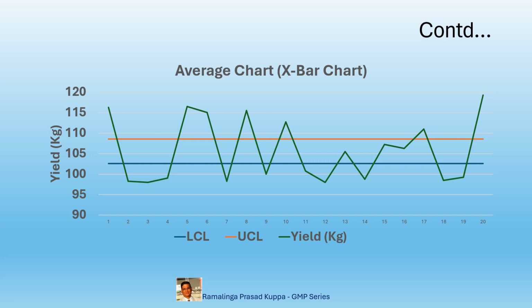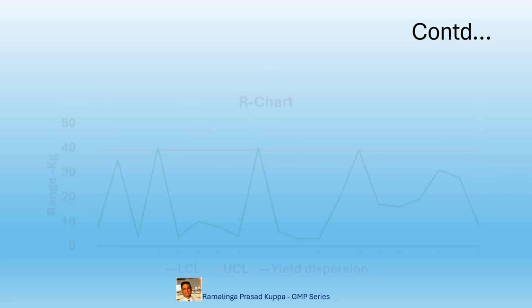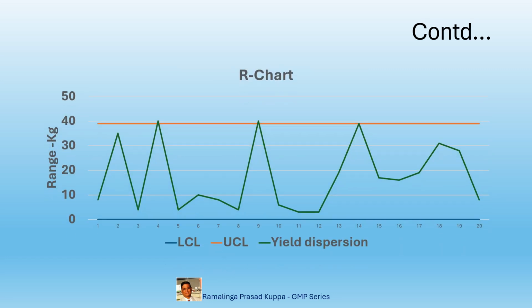The process has to be modified to get consistent average yield. See this R chart. The range of 40 is reflected in the 4 values nearer to the maximum range. Though the product specification is within the process width of 40 kilos, it is necessary to tighten the process for consistency.